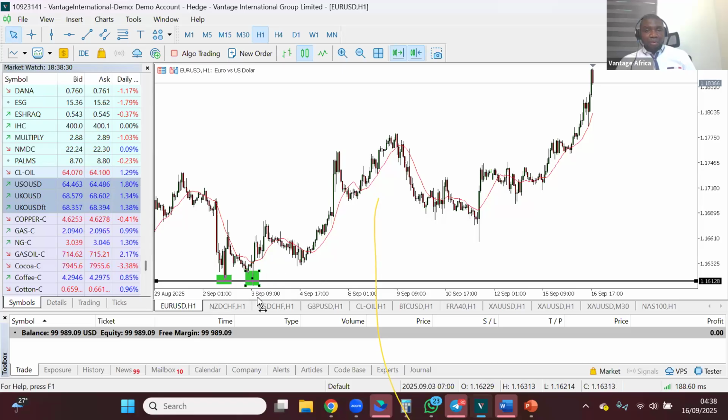And immediately that signal was formed, price did what? Shot up. It didn't shoot up immediately, but it still shot up very heavily. If you had gotten on this trade from here, this would have been a very profitable trade. How many pips is this?